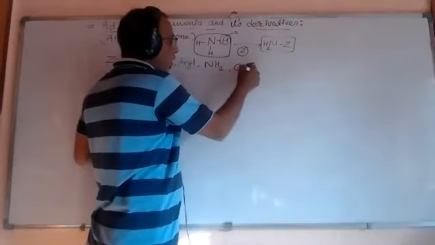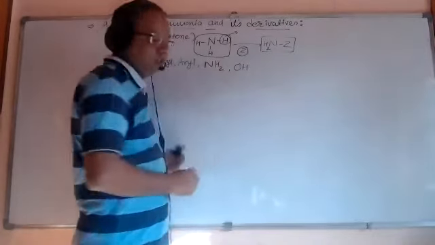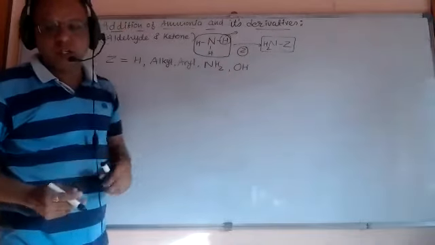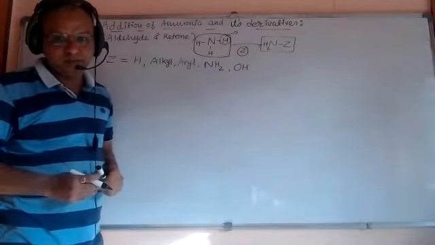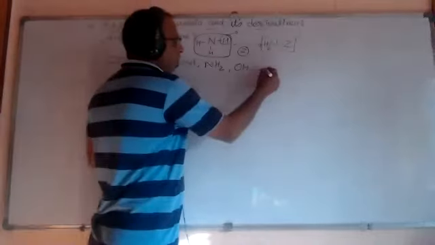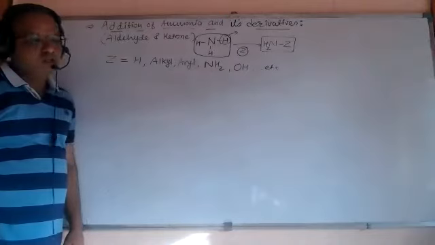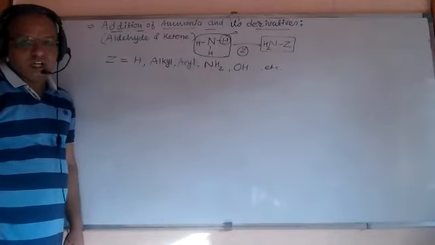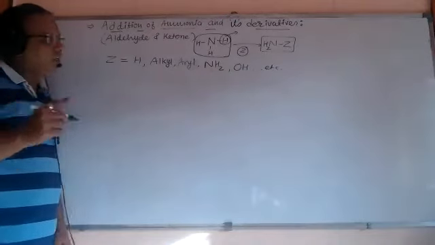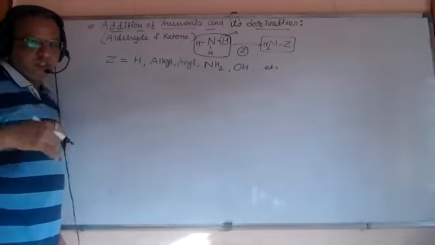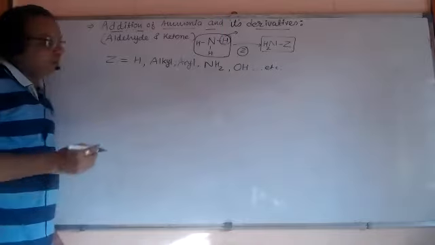OH can also be taken as Z, and we will obtain NH2OH, that is hydroxylamine. So these different structures are to be used in this reaction. First of all, let's learn about the common reaction, then we will consider some examples.